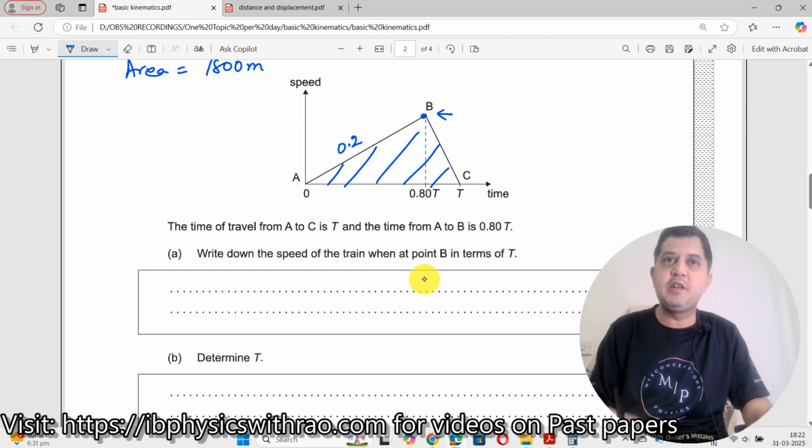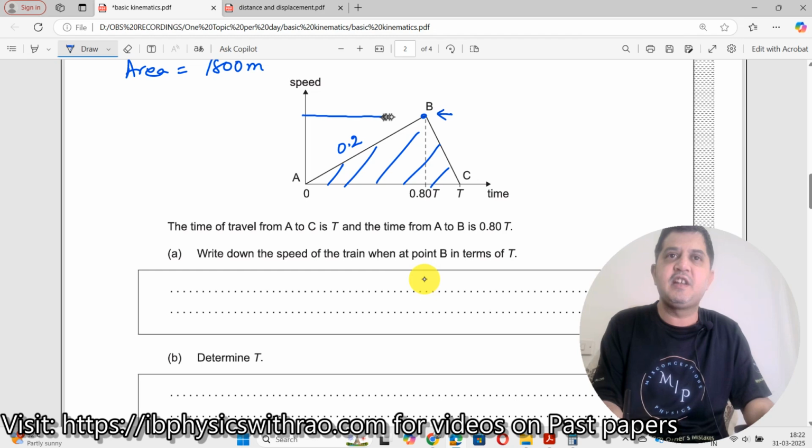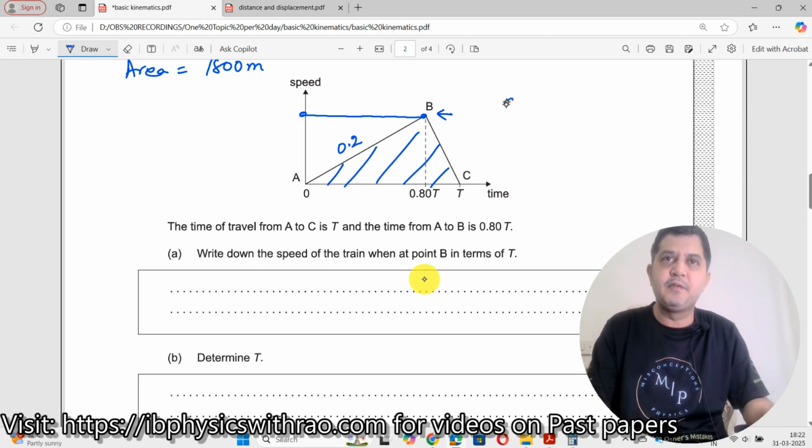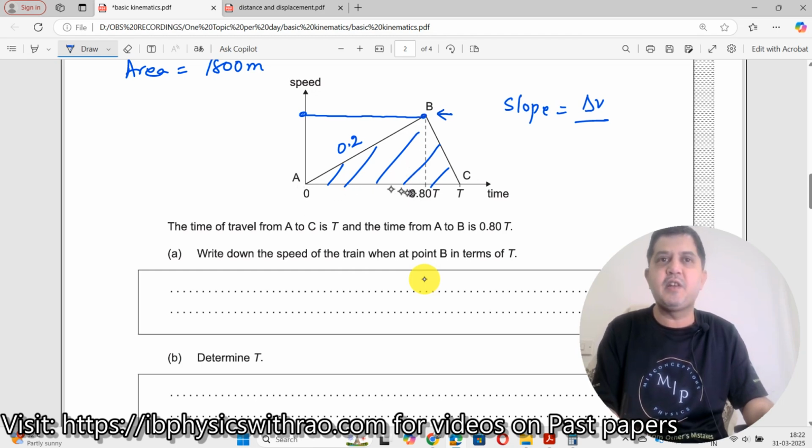So how do you do it here? Graphically, we can just draw a straight line like this and find the speed of the train. But how do you know it here? This acceleration is nothing but slope. So slope is equal to the vertical height, which is delta V, divided by the base, that is, the difference in y coordinate divided by the difference in x coordinate.